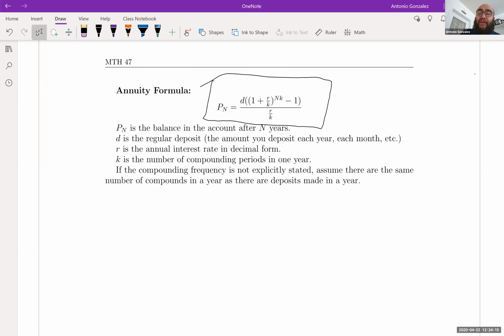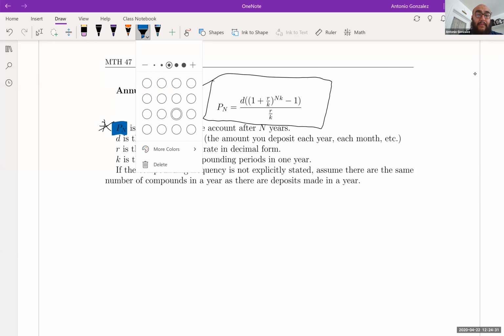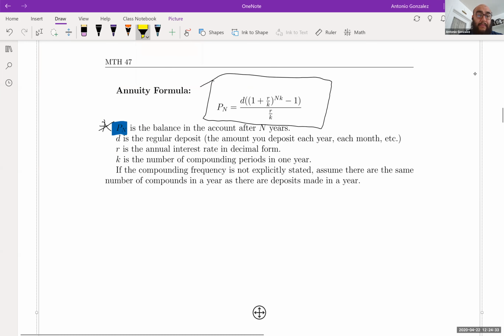Now, when would you use the annuity formula? They break down the variables here. A lot of them are named the same as the compound interest formula. PN is the balance in the account after N years. Instead of P0, we have the variable D that represents the regular deposit.